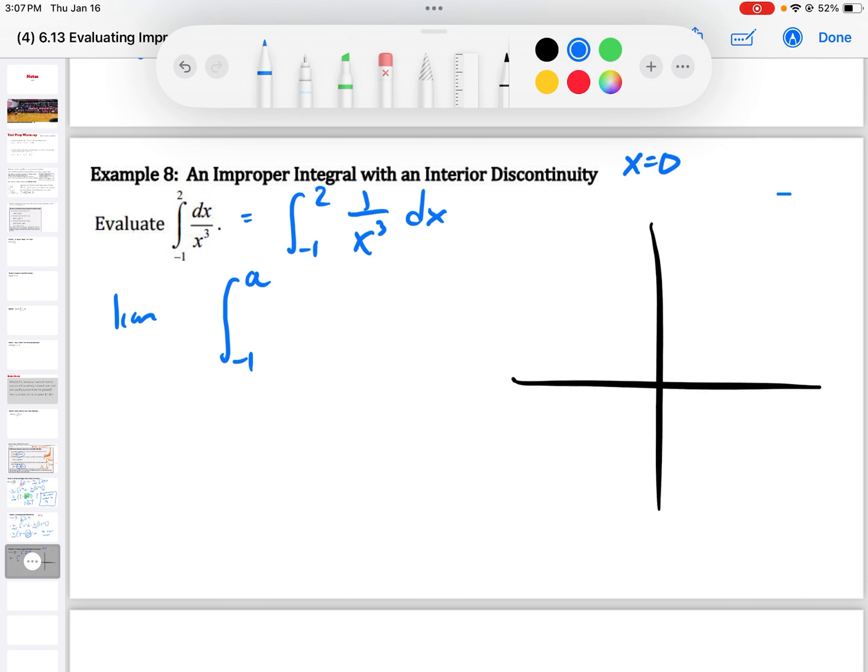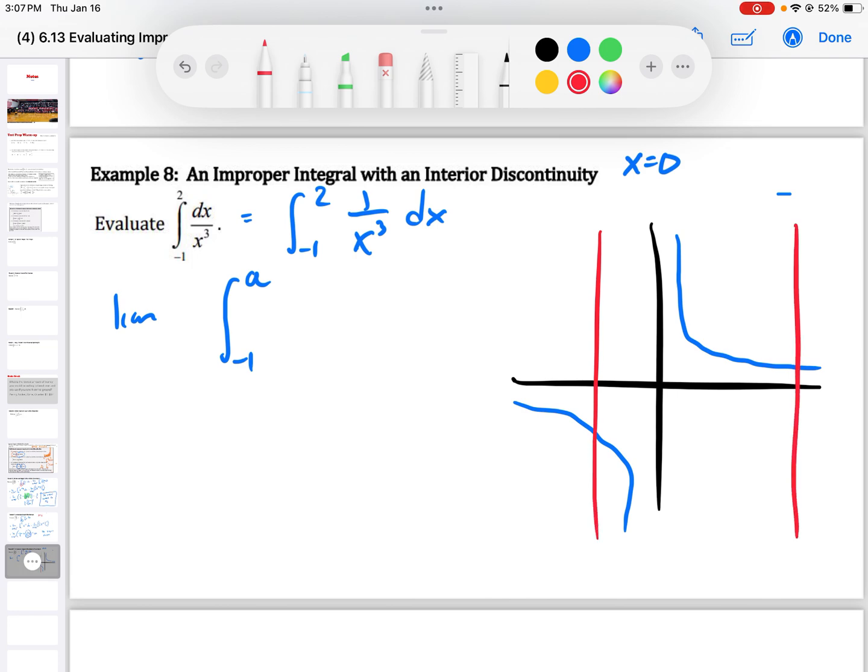Let me draw a little picture. So here's your graph. It looks something like this, right? So I'm trying to find from negative 1 to 2, but the vertical asymptote is right here at 0. So I want to find that area and add them together.